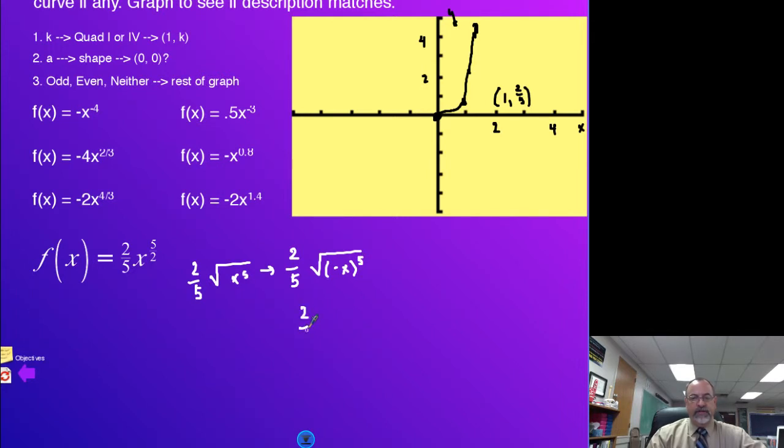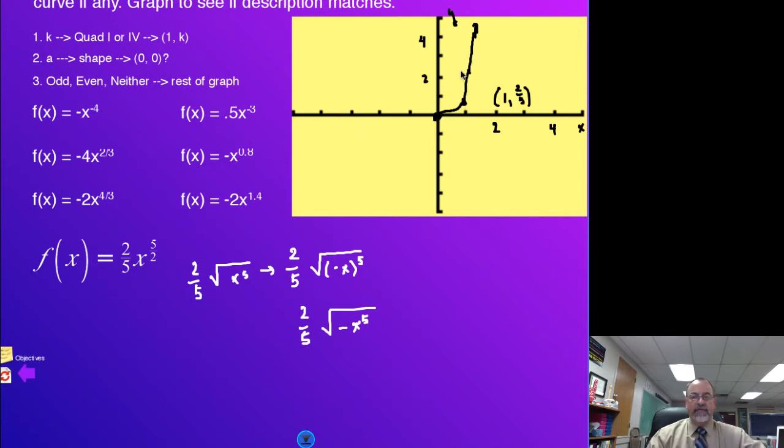So that's going to give me 2/5, the square root of negative x to the 5th. Now I have a problem here, because when I raise this to the 5th power, this is a negative value underneath here, but because it's a square root, I can't have that. So this is actually undefined for values less than 0, so it's not a reflection anywhere.